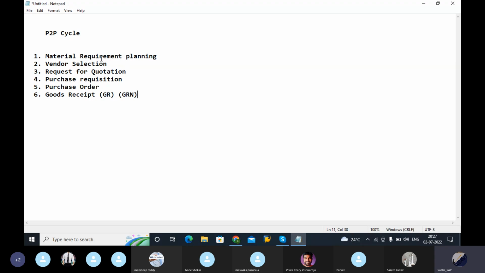It will be raised when our organization receives the goods. Only then is the goods receipt posted in SAP. In this step only, FI to MM integration will occur.